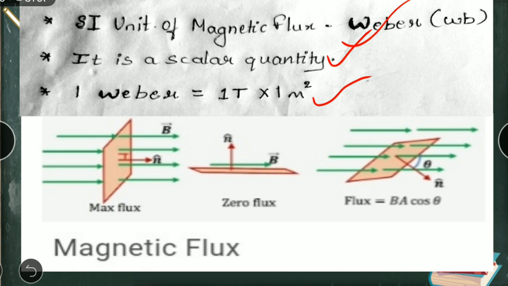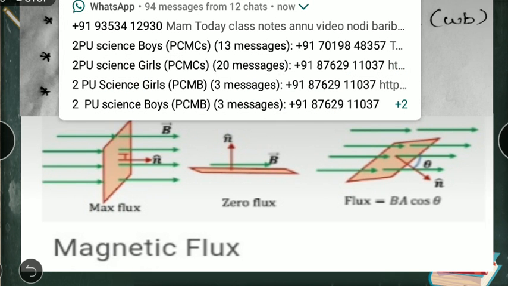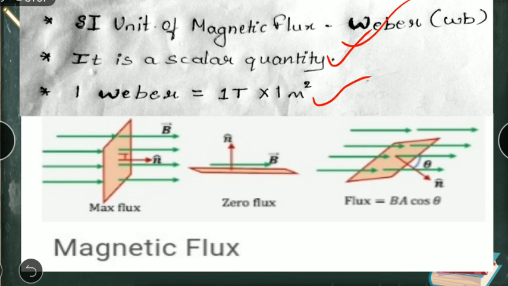Next, in the diagram you can see the cases: if the theta value is 0, if the theta value is 90 degrees, and if theta exists other than 0 and 90 degrees. So in the first diagram, we have maximum flux.